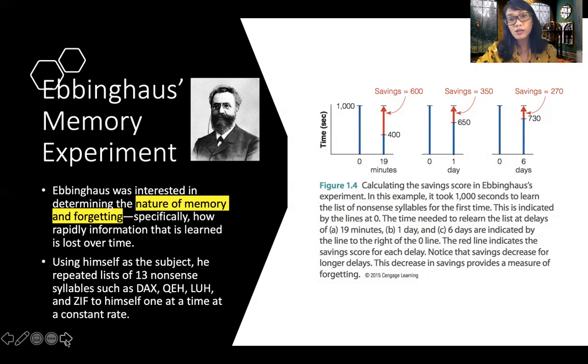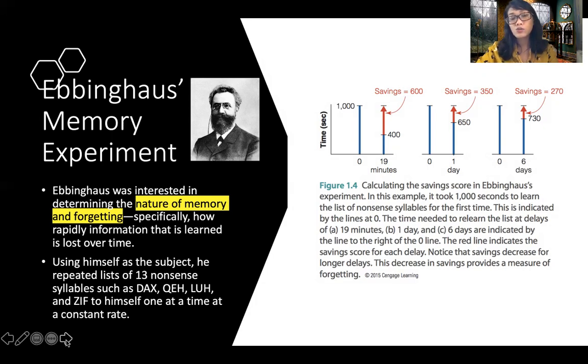So Ebbinghaus used a measure called savings, as you can see in this figure. It is calculated as follows. To determine how much is forgotten after a particular delay, savings is the original time to learn the list minus the time to relearn the list.